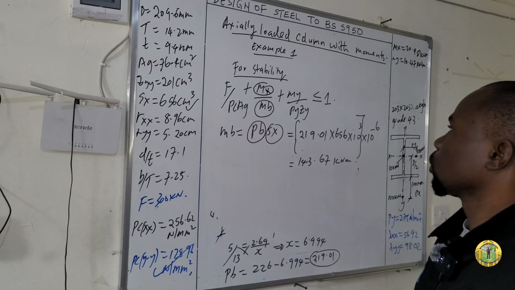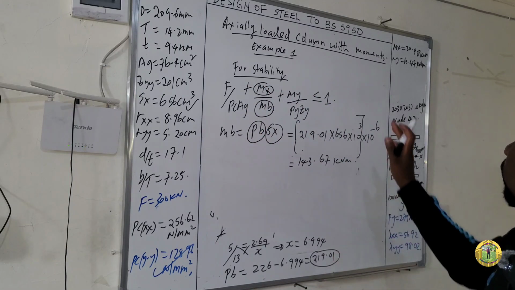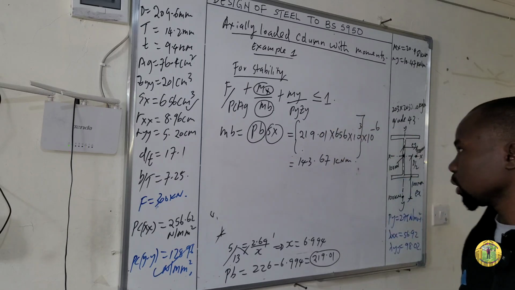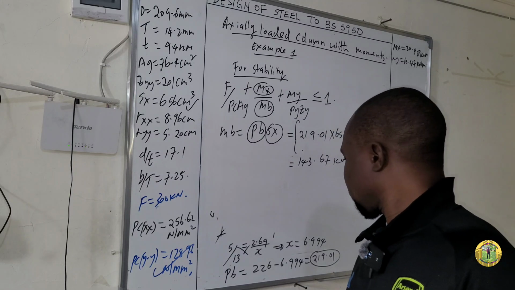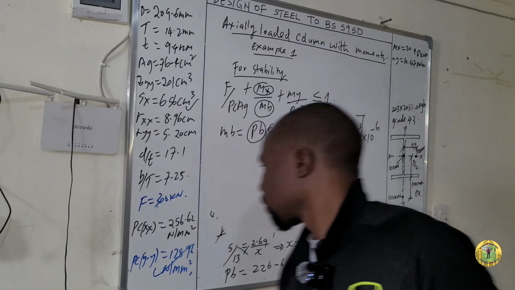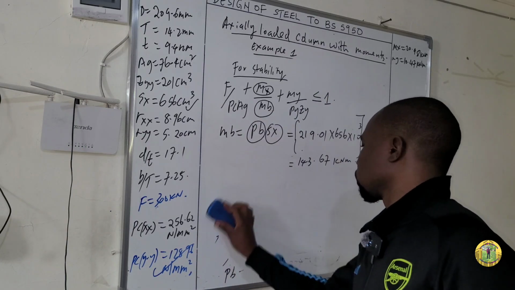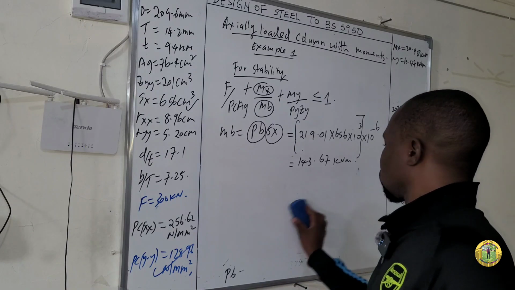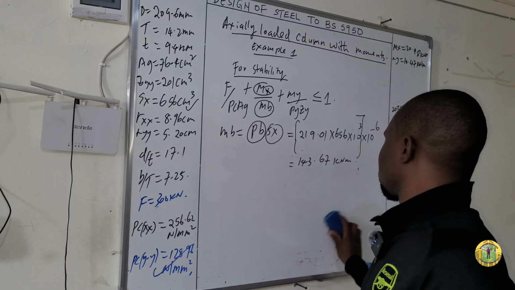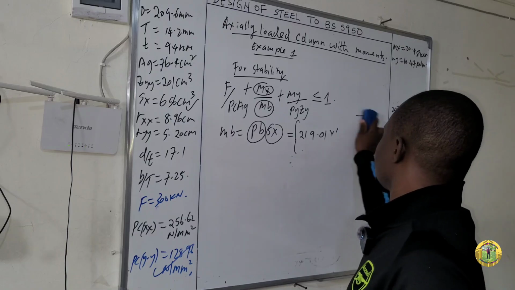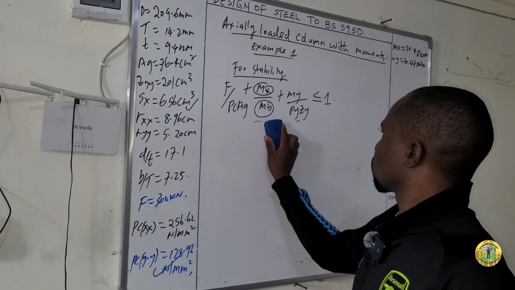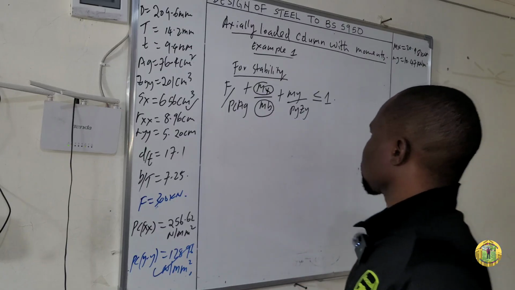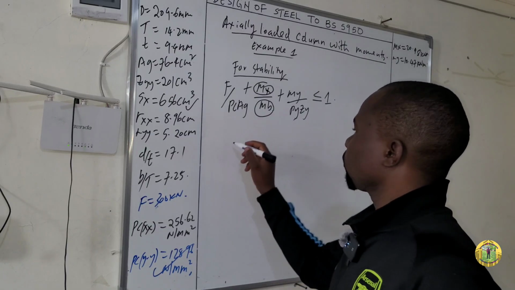After having done so, we can now check for stability by inserting the values in this equation, and we will see if it will be less than or equal to 1. So let's see. Our F is 300.